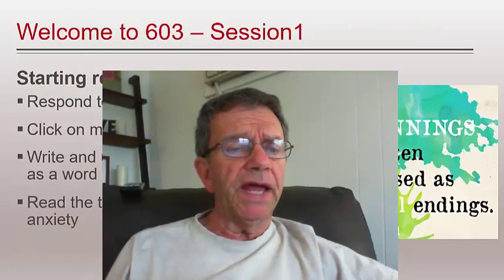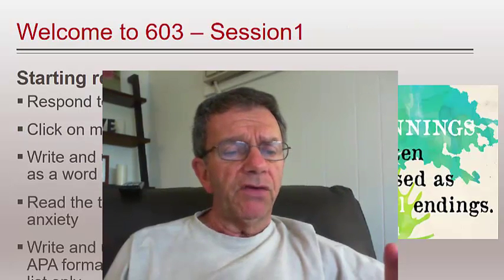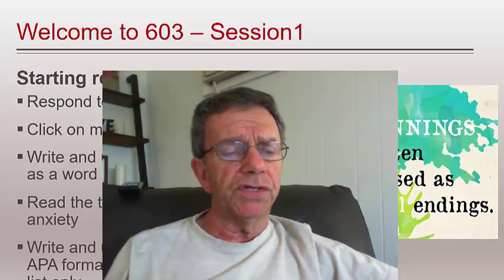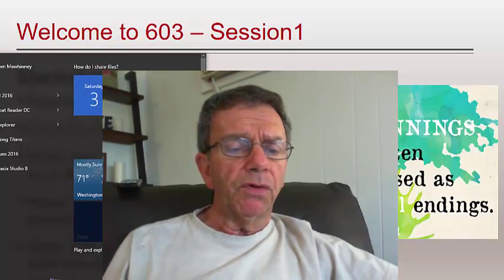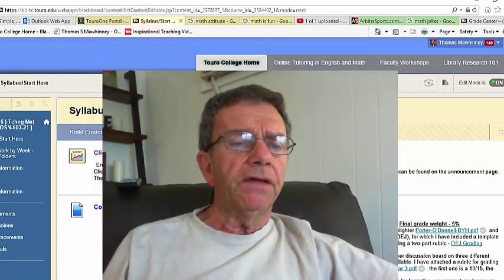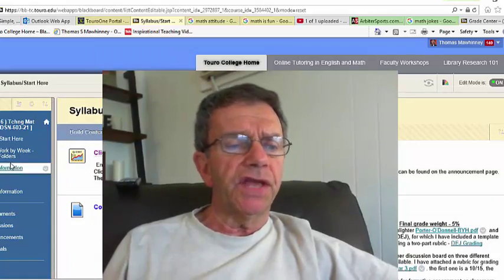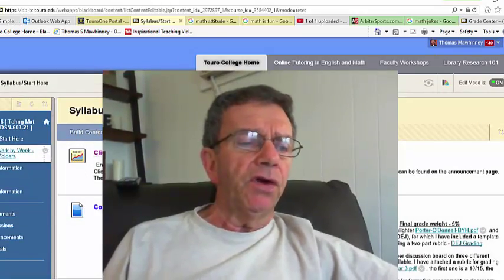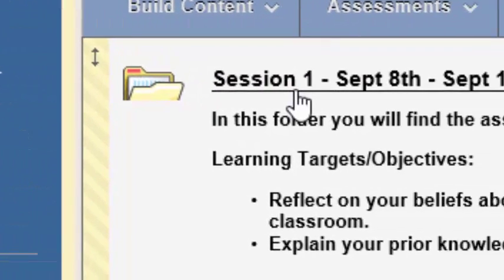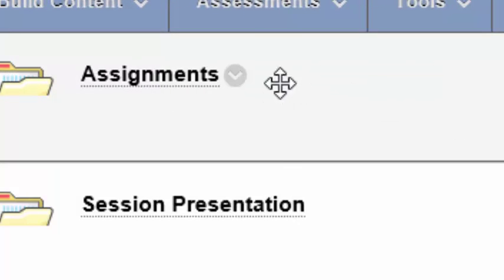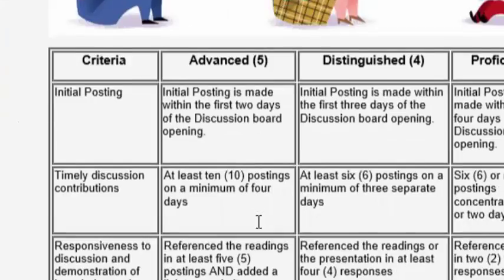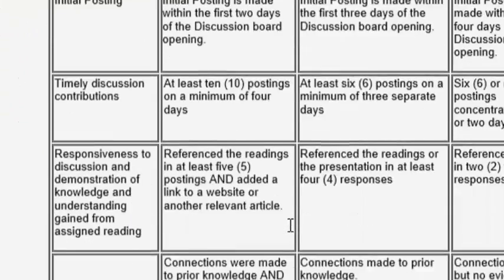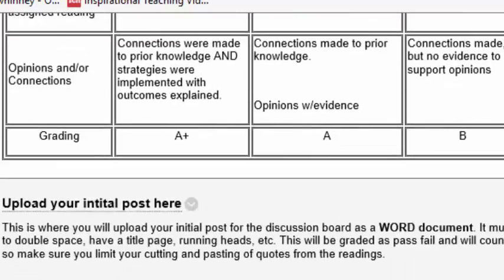One of the things you may not be aware of is that you have to upload your initial post in each discussion board so it can be checked and safe assigned. So again, if you go into coursework by week, session 1, assignments, you'll see that here's the discussion board and here's the rubric I'm going to use to grade it.